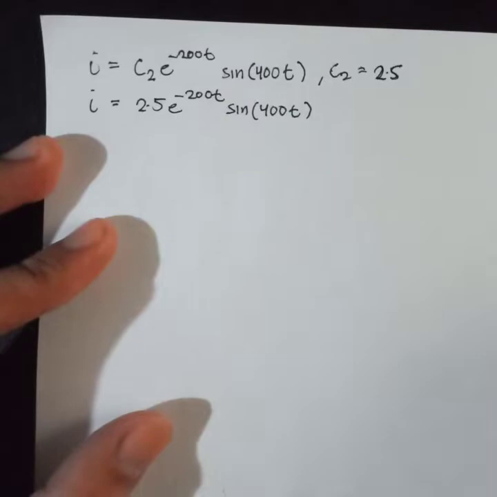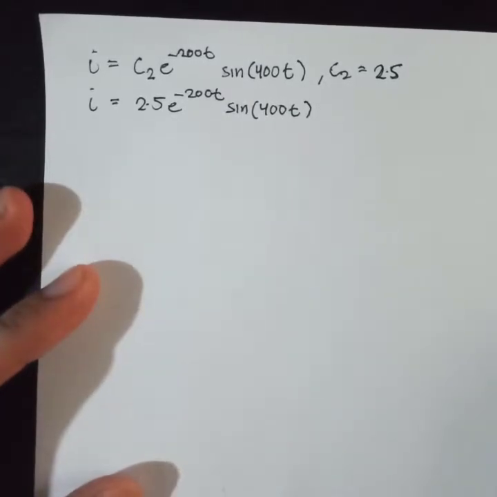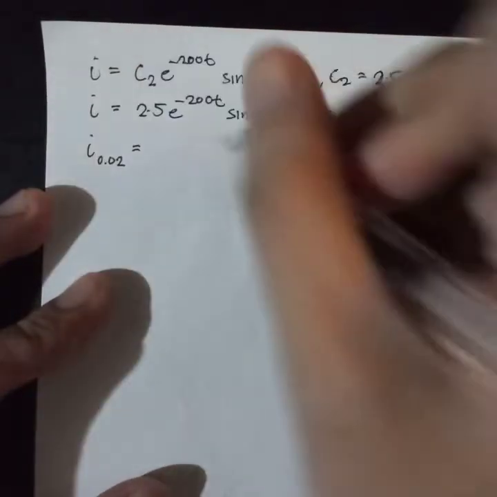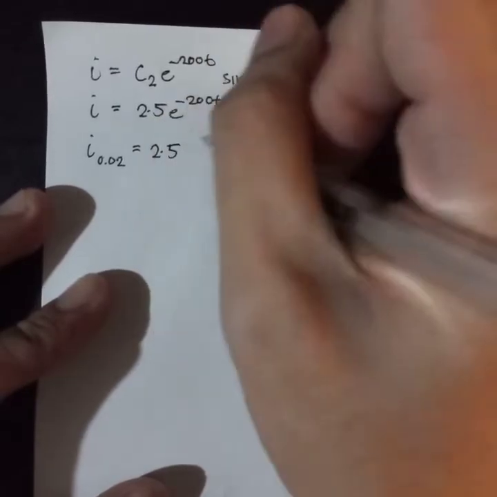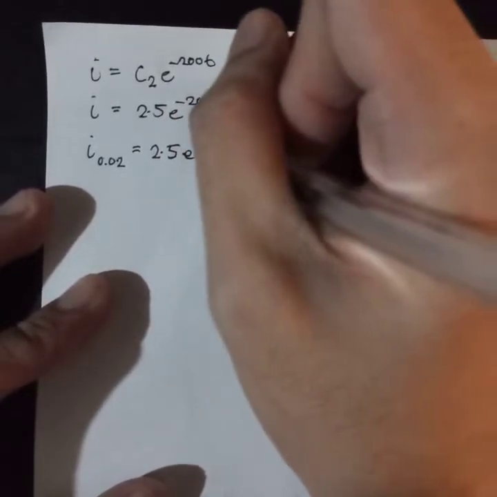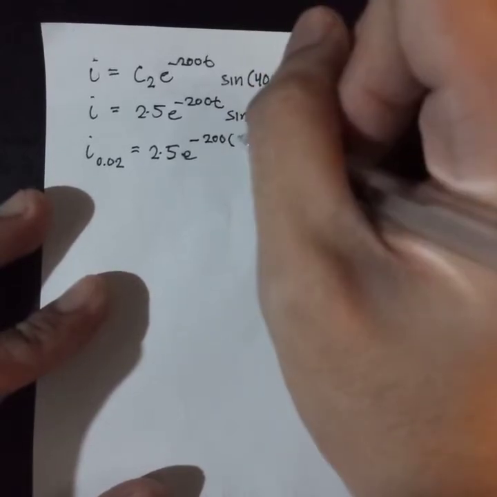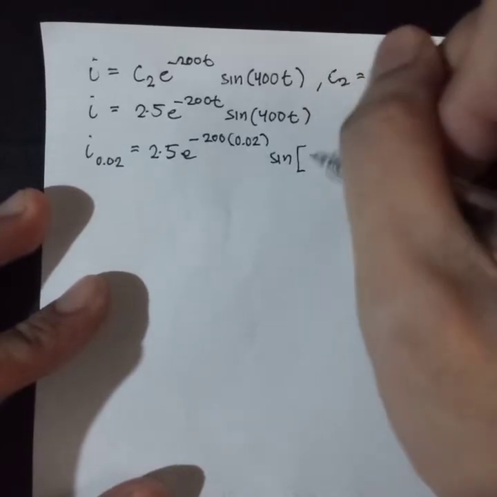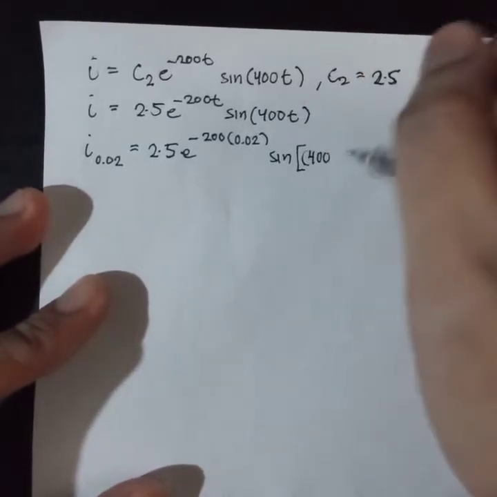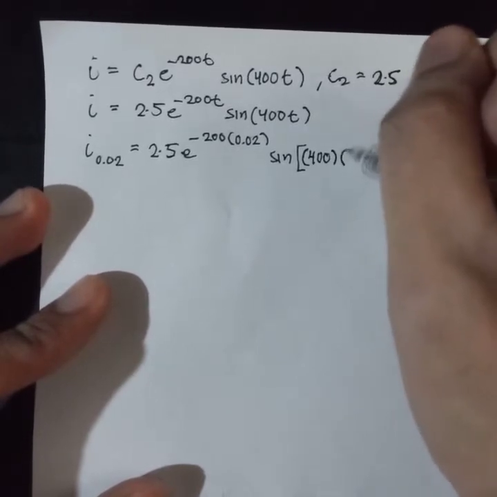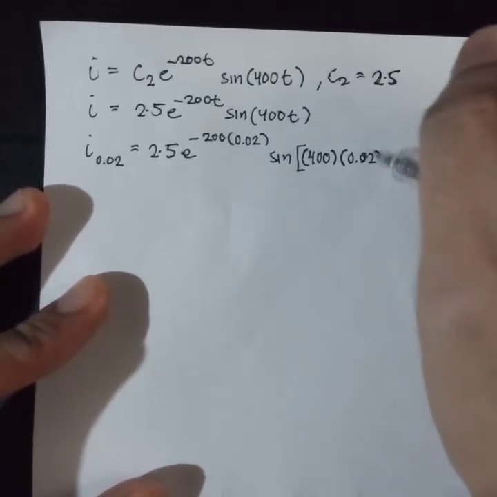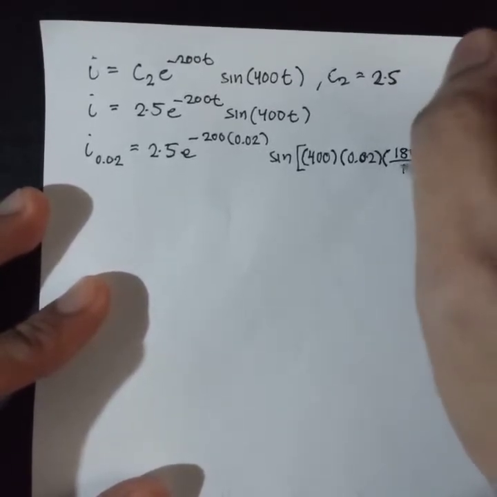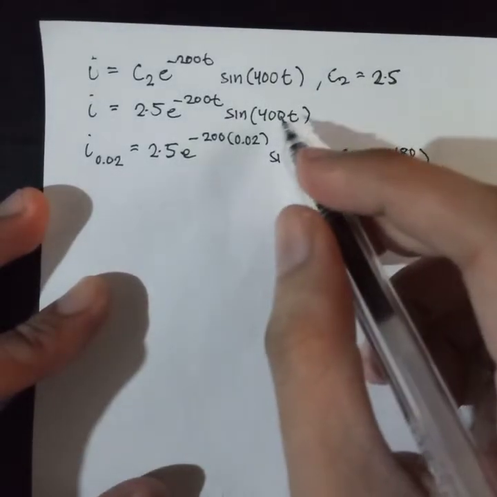So we are asked to solve for the instantaneous current at time equal to 0.02. Solving for that, that is 2.5 e raised to negative 200 times 0.02 substituted for time, sine of 400 times 0.02 multiplied by 180 over pi, since this is in radians.